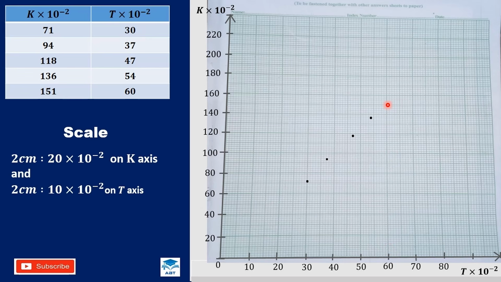This is 150, the middle of 140 and 160. So for 151, we move into the next box for the 1. And we draw the line of best fit, passing through as many points as possible.